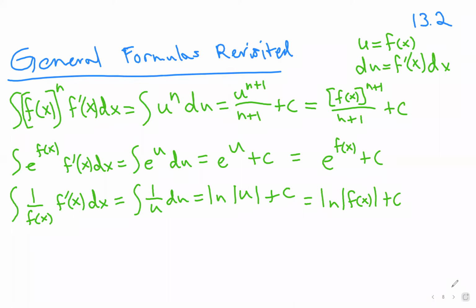If we plug the u back in, with u equals f of x, then we'll get f of x to the n plus first power over n plus 1 plus the constant of integration c. That'll be what we have for that case, and that is what we had originally from the other general formula.